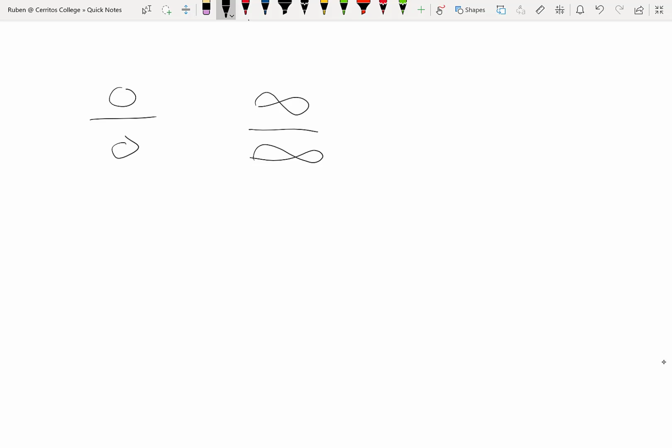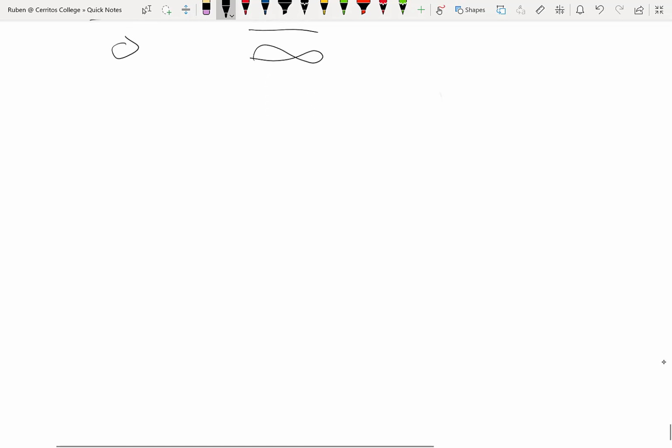So we need to identify what other indeterminate forms are. That means forms of the limits of functions that cannot be evaluated simply by letting x approach whatever we're approaching, and then how to make them appropriate for L'Hopital's rule. So, other indeterminate forms.